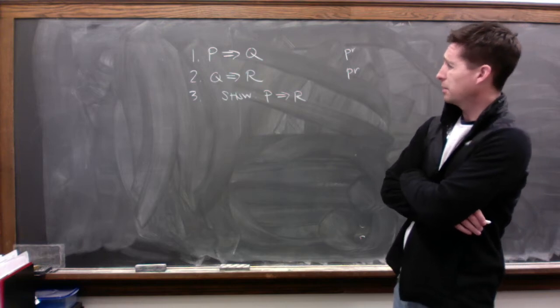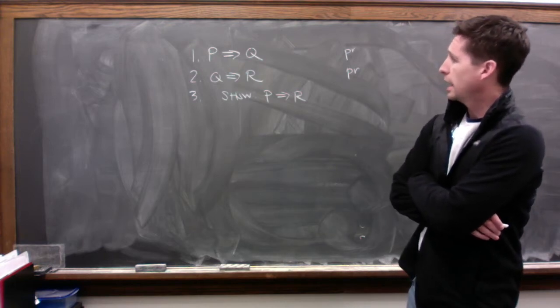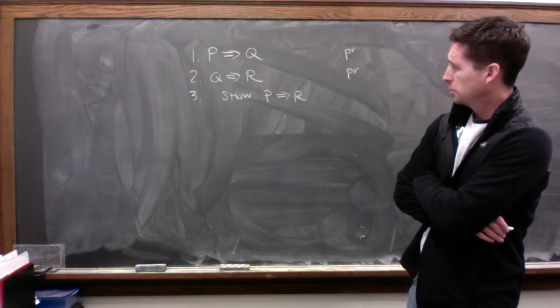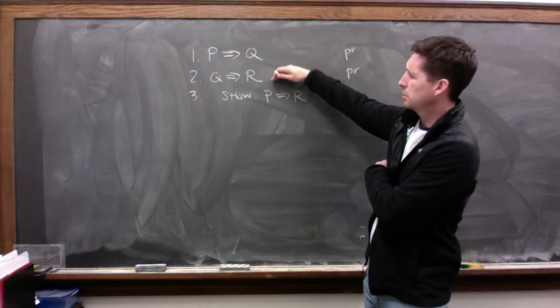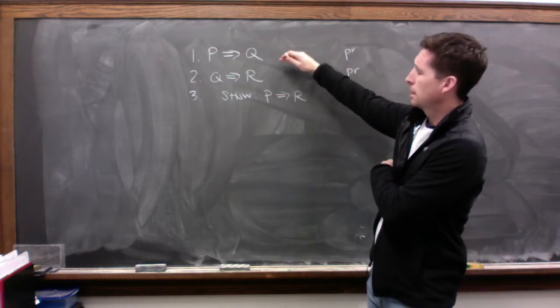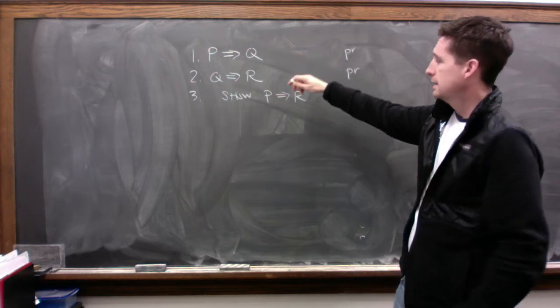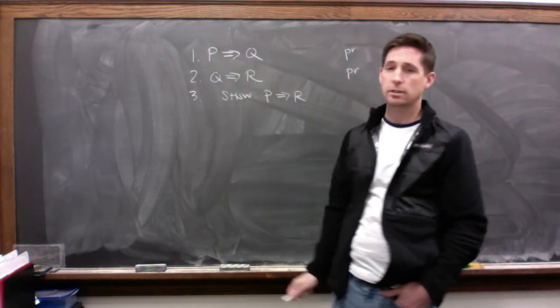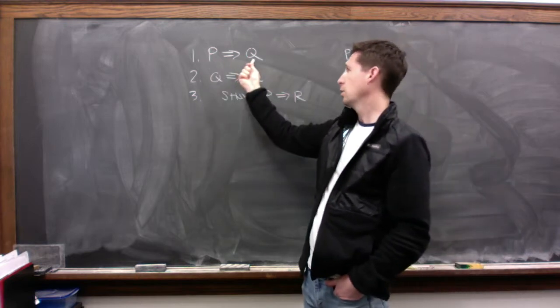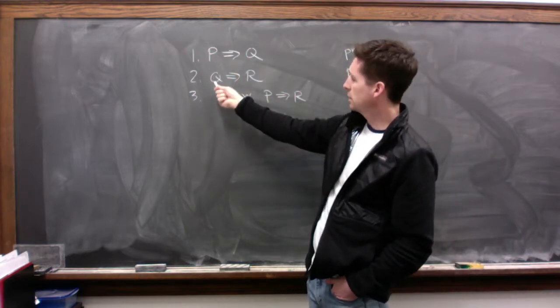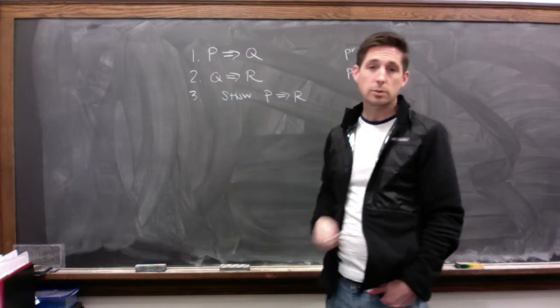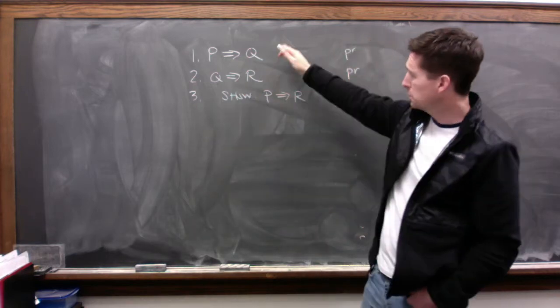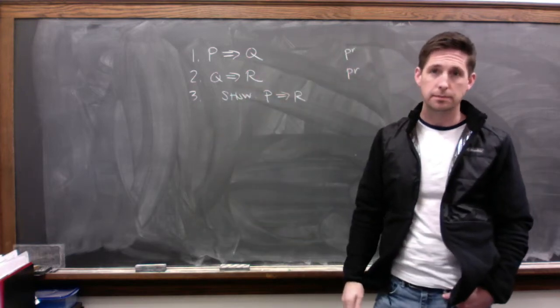Well, if you think about our arrow out rule, which would be the natural thing we'd want to use here, we'd want to sort of break these down in some way. Our arrow out rule says, to do anything with an arrow, you either have to have the antecedent or the negated consequent. That is, you either have to have P or not Q, or in this case, you either have to have Q or not R, and of course we don't have any of those.